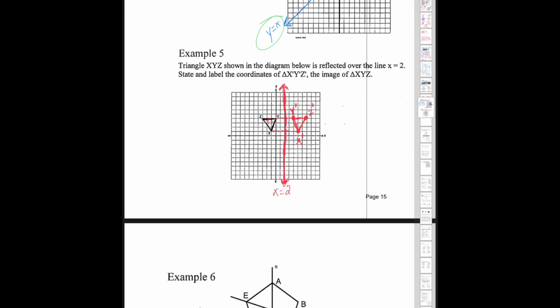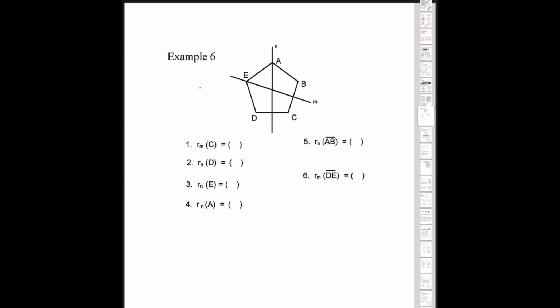For 6, we're working with something a little different here. We have this line M. Now we're asked to reflect a bunch of points across this line M. So first, we're reflecting the point C across line M. So if you went across line M, that would be point B if we folded up this pentagon.